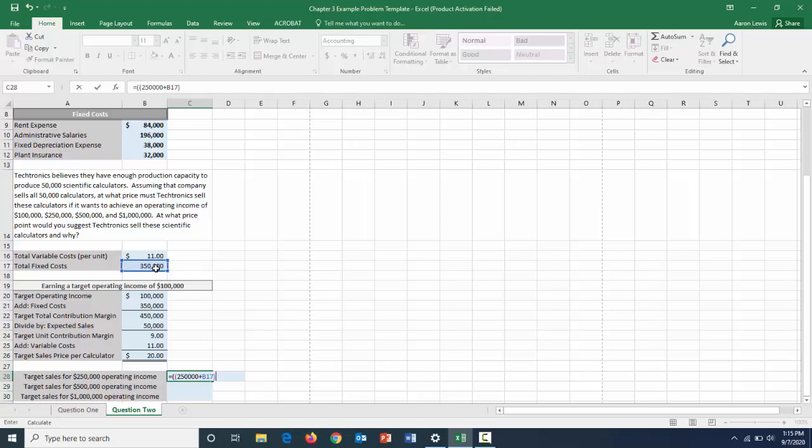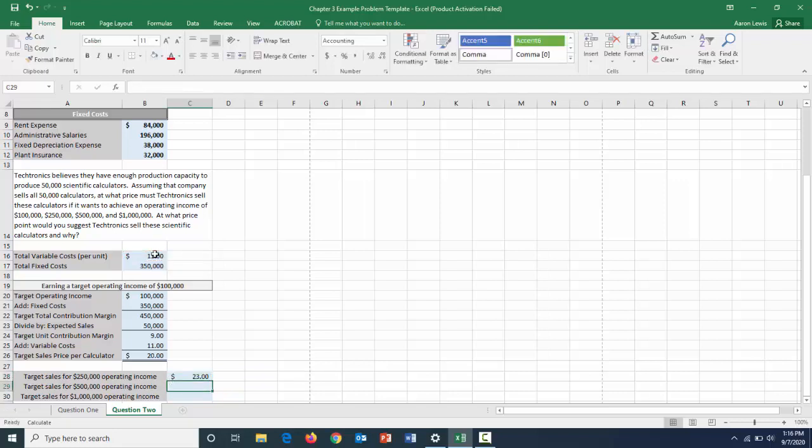Well, if we divide that by the number of units we expect to sell, which was 50,000, that's what takes us to our target unit contribution margin. And then add to that our variable cost per unit, which was $11. To get to that point, we're going to have to sell for $23.